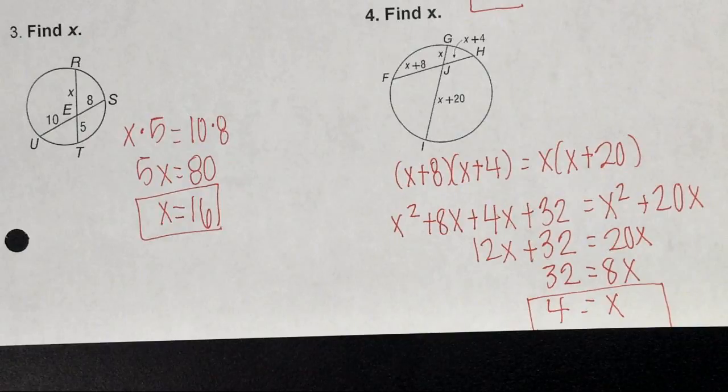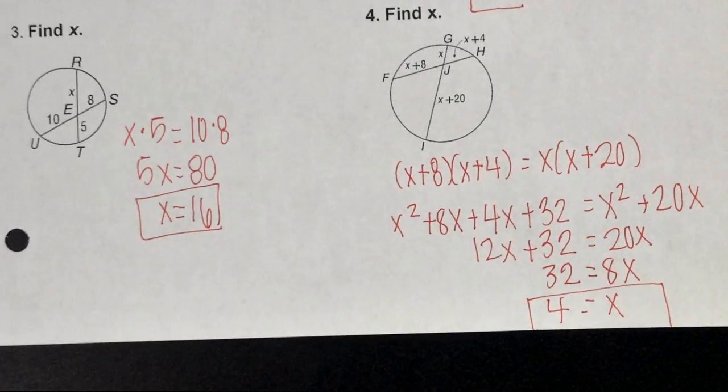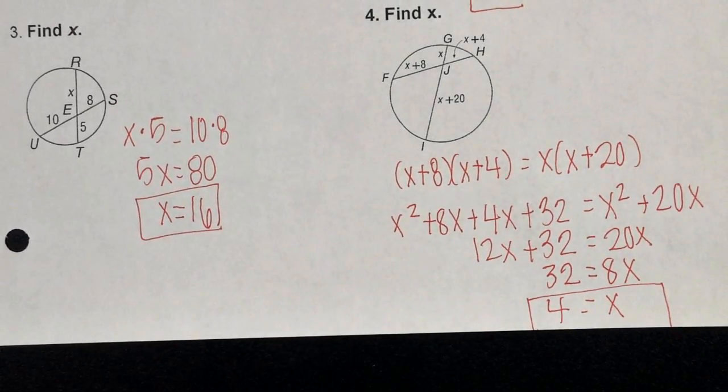So remember when you're foiling, this becomes x squared plus 8x plus 4x plus 32. I canceled my x squareds out right here. So then I combined and got 12, and I subtracted to get 8, and then divided to get 4. When you're done, go ahead and flip to the back.